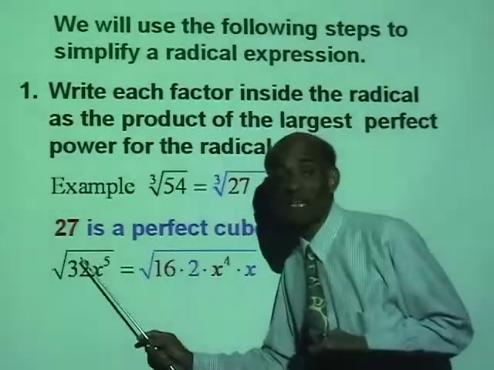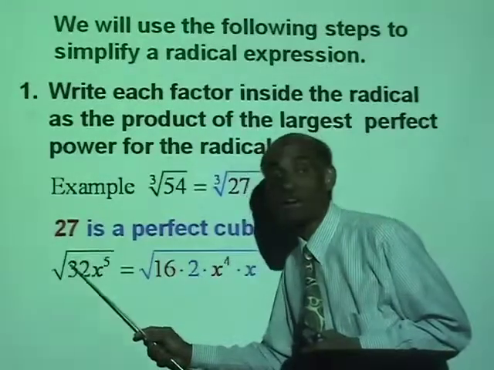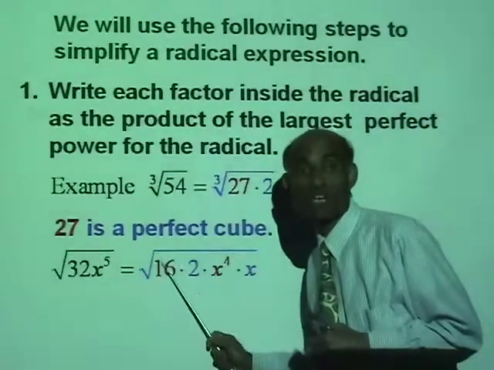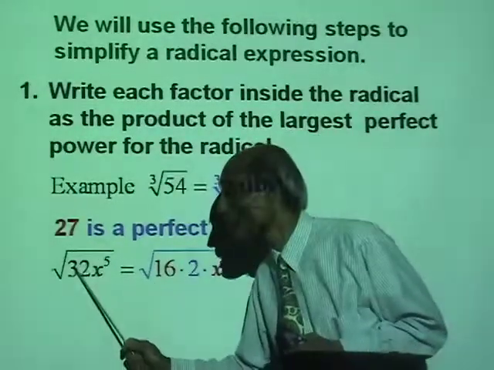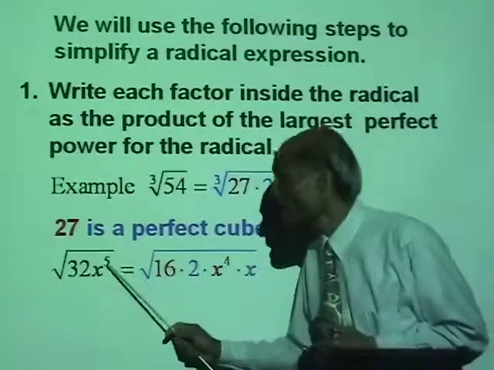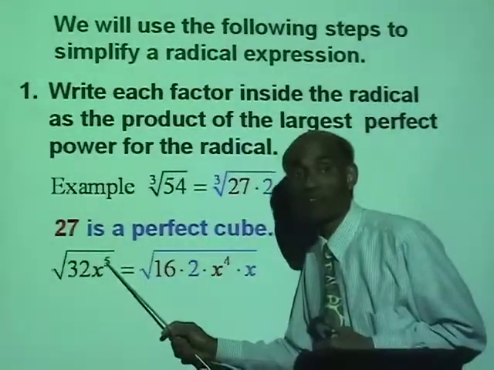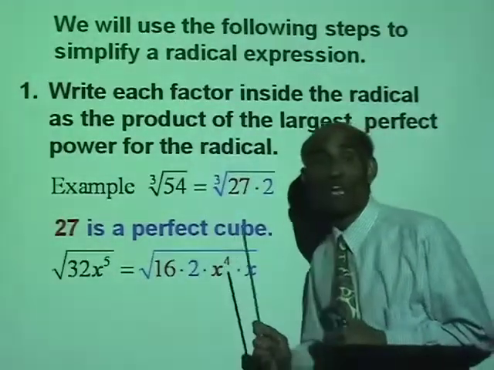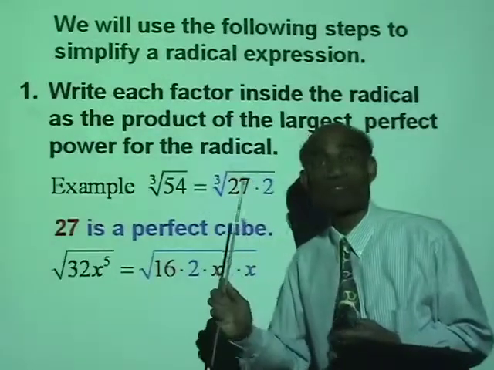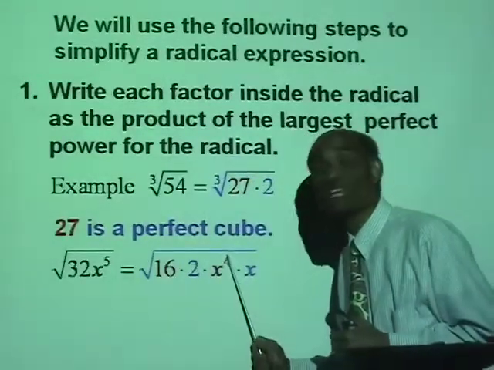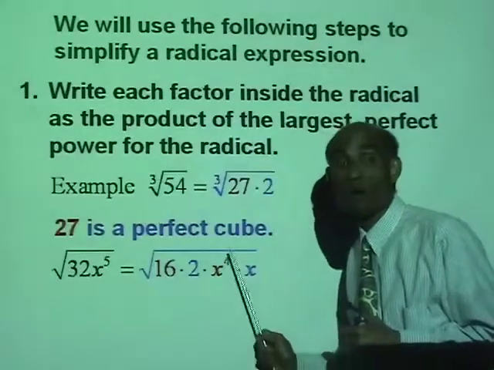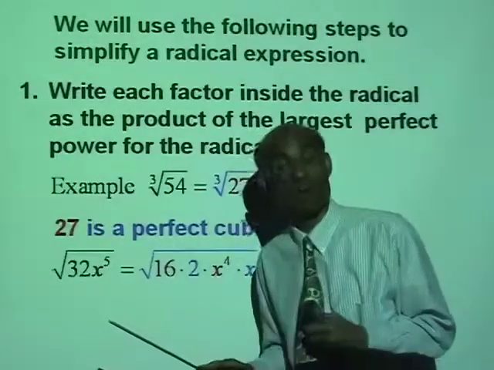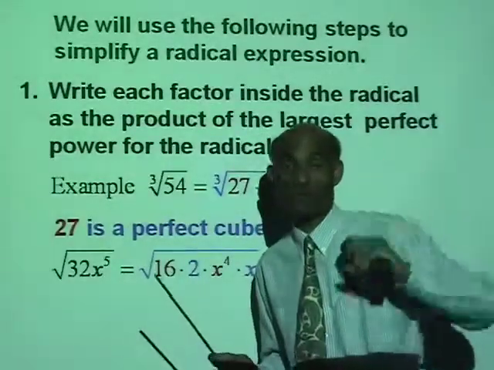So, first thing I did, I wrote 32 as the product of 16 and 2. Why? 16 is the largest perfect square in 32. Then I wrote x to the power of 5 as x to the power of 4 times x. You see, an exponent becomes a perfect square when the exponent is an even number. So x to the power of 4 is the largest perfect square in x to the power of 5. Always look for the largest one.